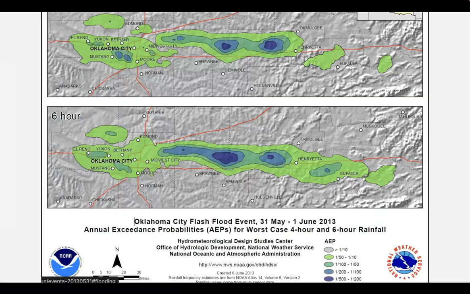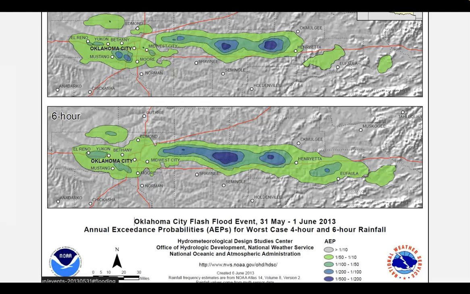Okay, so this is just the 1 in 500 to 1 in 200 year event. So you can see that north of Seminole and Shawnee, that's where they received a 1 in 500 year event flood within 6 hours.